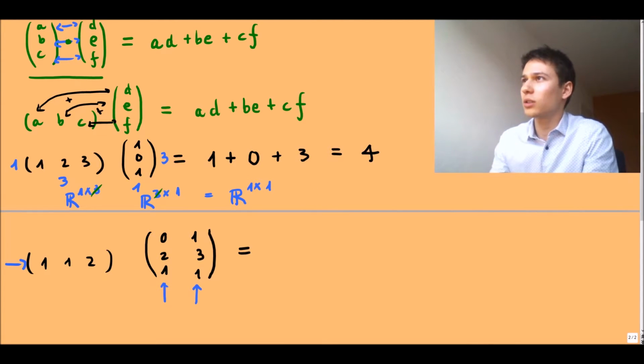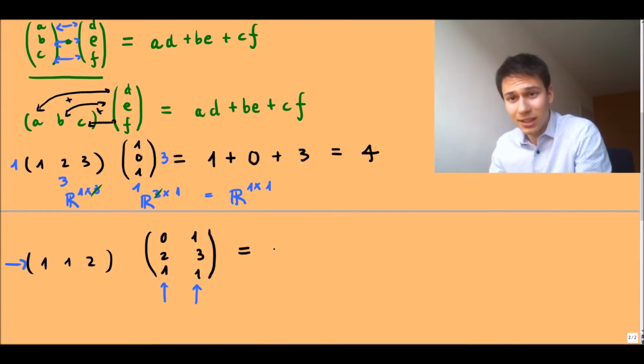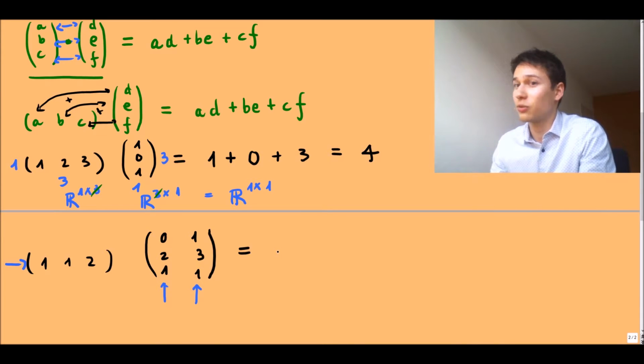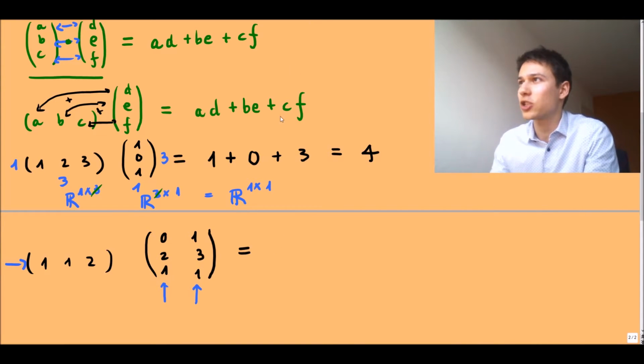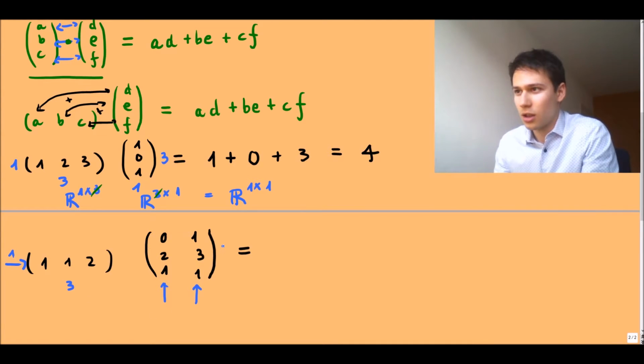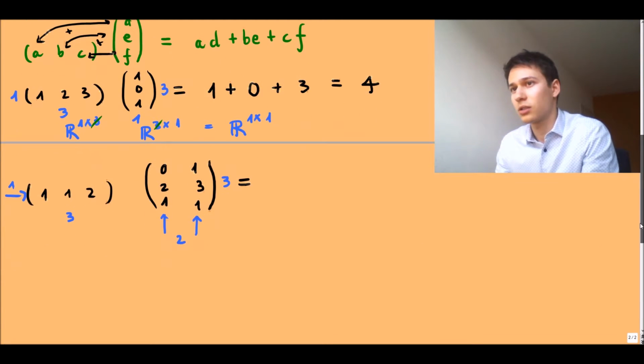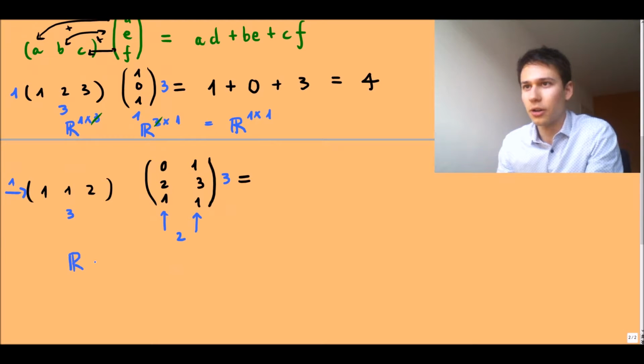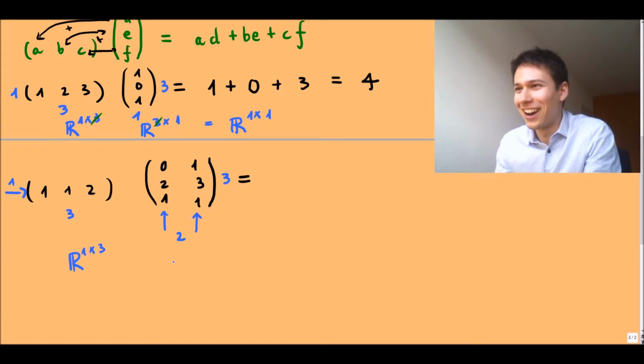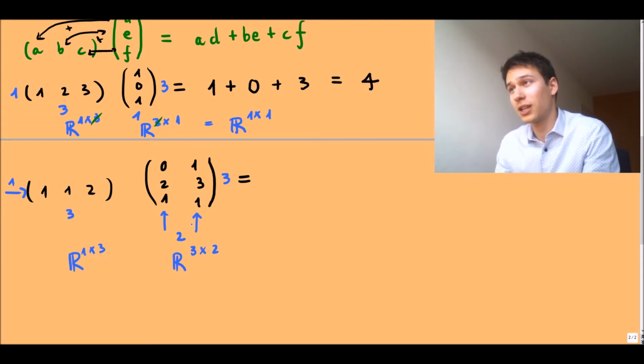And to see what dimension our resulting matrix is going to have, we can do again first a dimensional analysis. So we would have 1 row, 3 columns, 3 rows, 2 columns. So we would have an R1 cross 3 object times, no dot, an R3 cross 2 object.